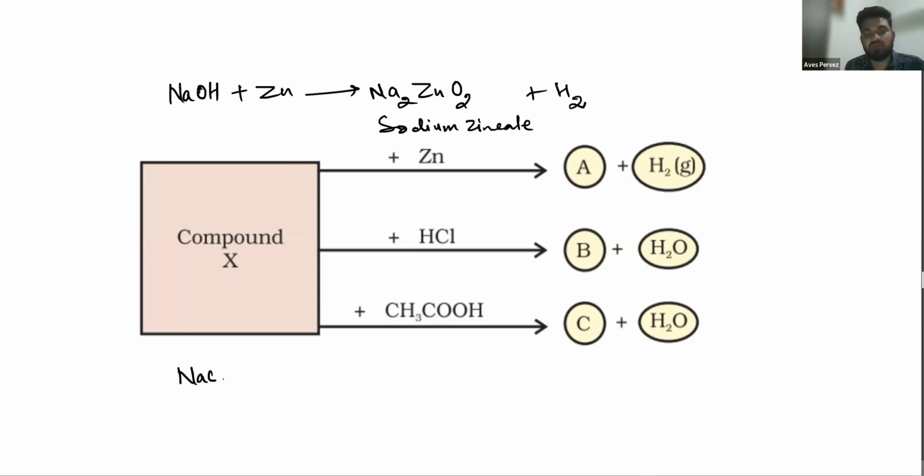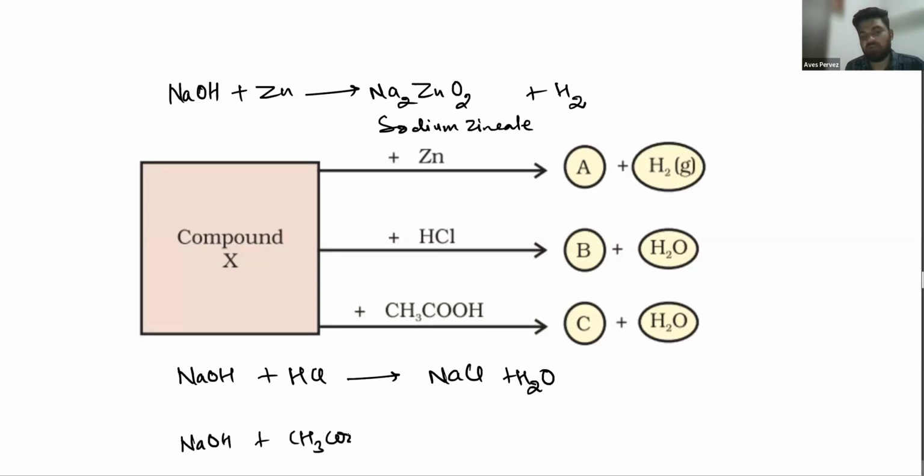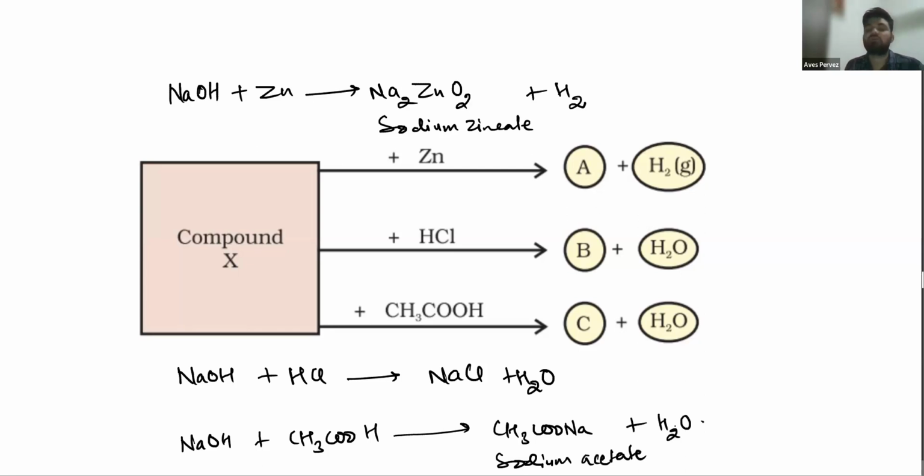Now NaOH when reacted with HCl gives you NaCl plus water. And NaOH when reacted with CH3COOH, acetic acid, gives you CH3COONa, sodium acetate, plus water. So know these equations.